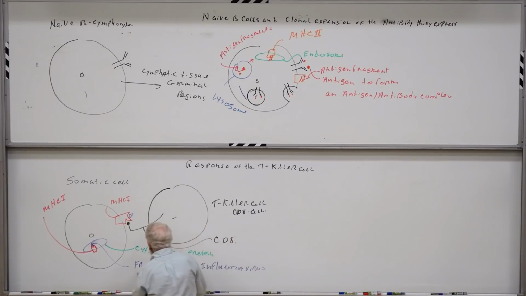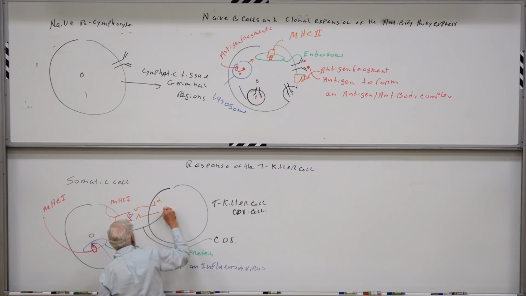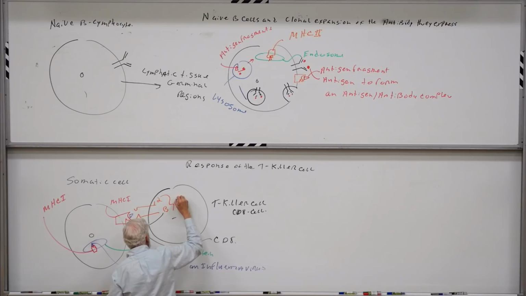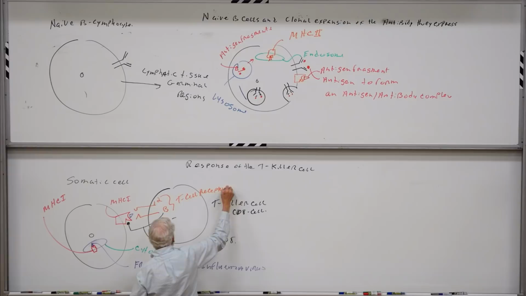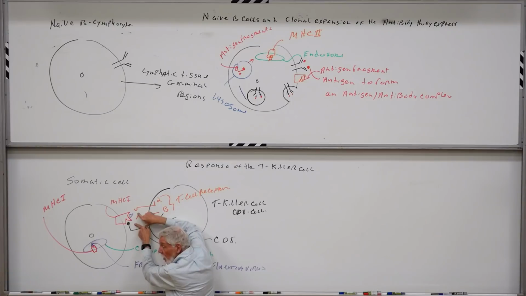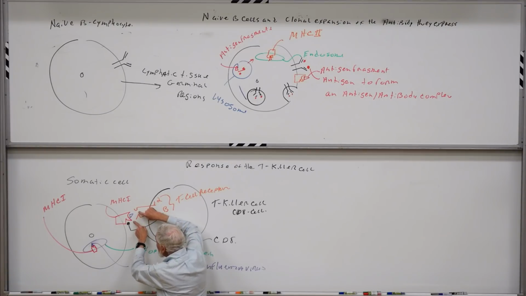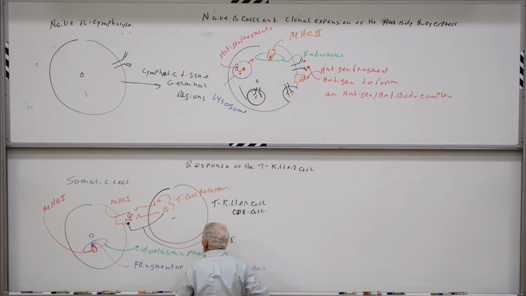So again, we have these two proteins, the alpha and the beta subunit of the T cell receptor.